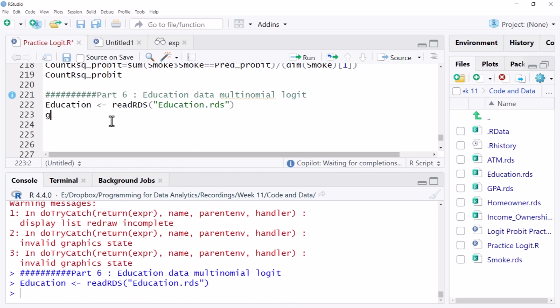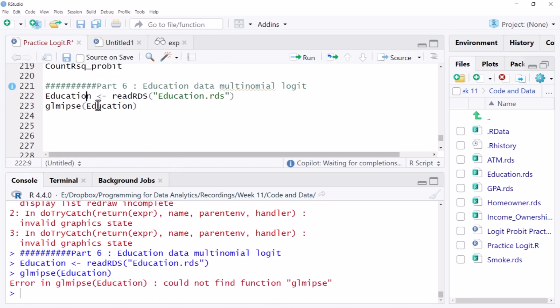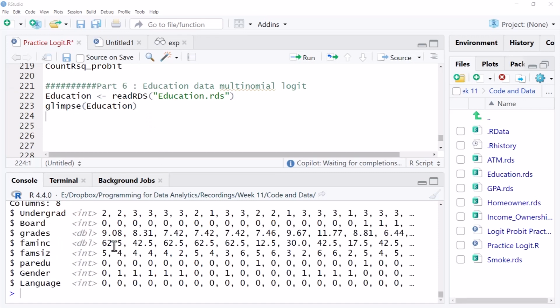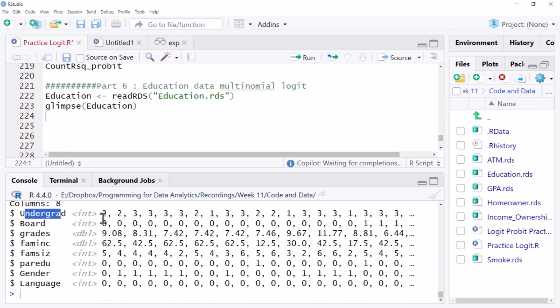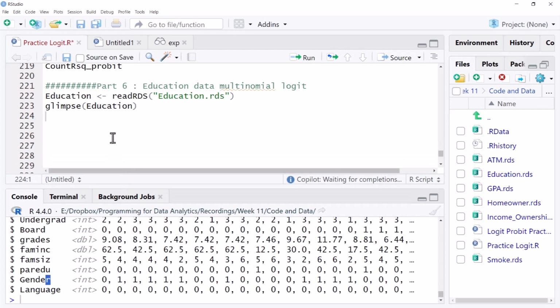Let us have a glimpse of the data. So we have all the useful variables. We have 1,000 observations in which undergrad, board, grades, family income, family size, parents' education, gender, language, as we have described the variables already. So all the variables are here.